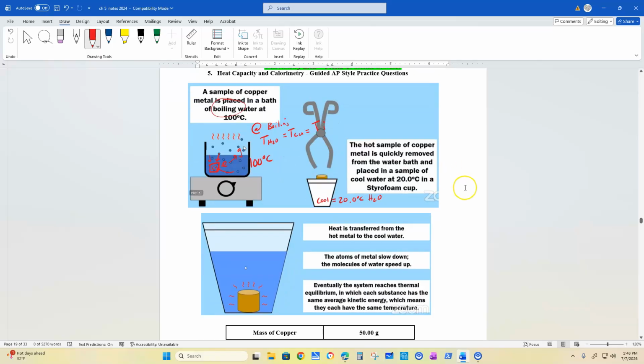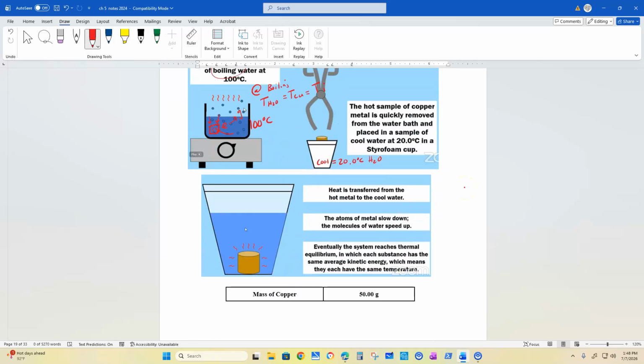Well, you know what's going to happen. That hot metal, this copper, is spewing out all that heat. So this initial water that was 20 degrees Celsius is finally going to be higher than 20 degrees Celsius. For copper, initially, because remember, it absorbed all that heat from the hot water, it was at 100 degrees Celsius.